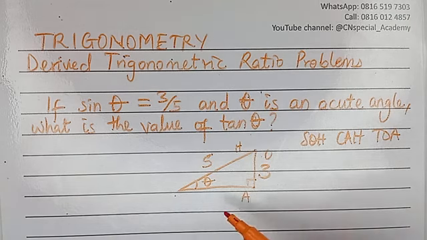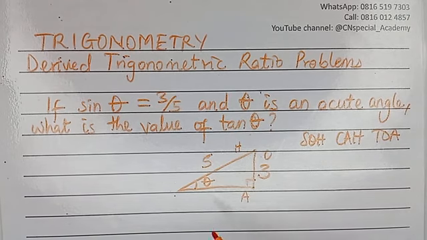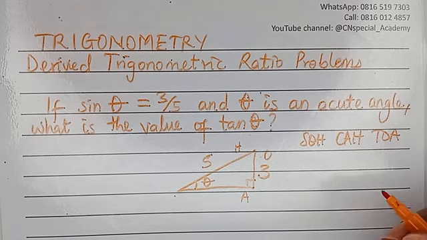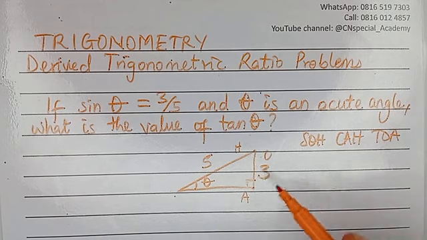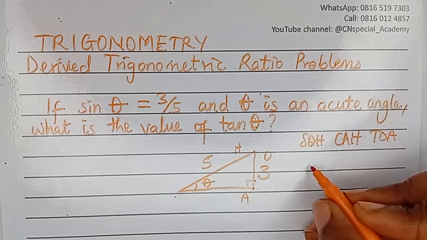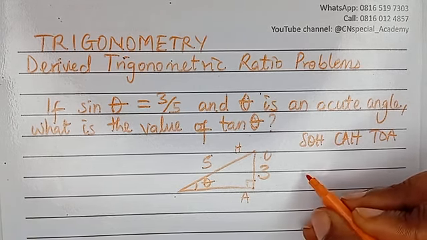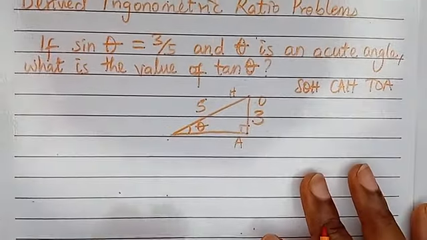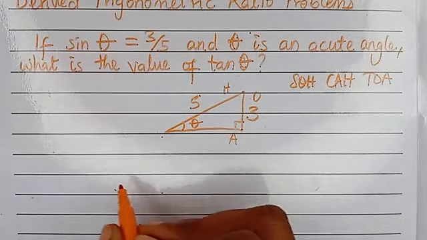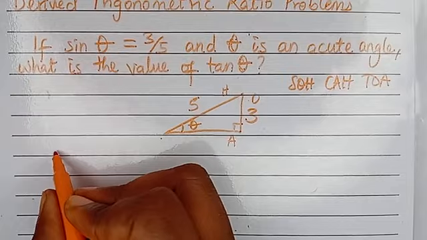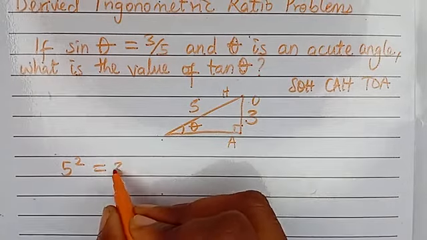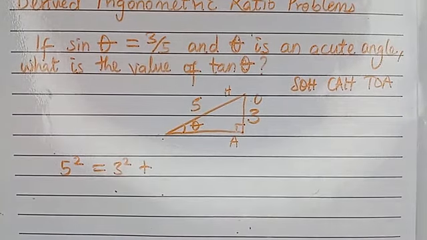Now for our triangle, we don't know what this adjacent side is equal to. So we are going to use the Pythagoras theorem to solve for this adjacent side. From Pythagoras theorem we have that the hypotenuse squared, so 5 squared, is equal to the other side squared plus the other side squared.